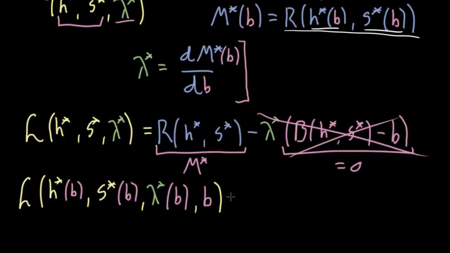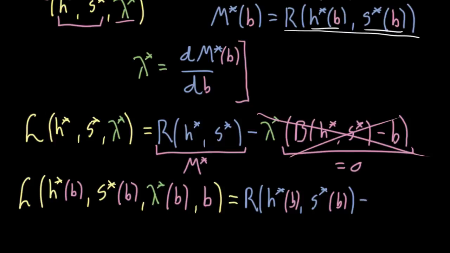And so just to make it explicit, this would equal the value of r as a function of H star and S star. And each one of those is a function of little b, right? So this term is saying what's your revenue evaluated on the maximizing H and S for the given budget.